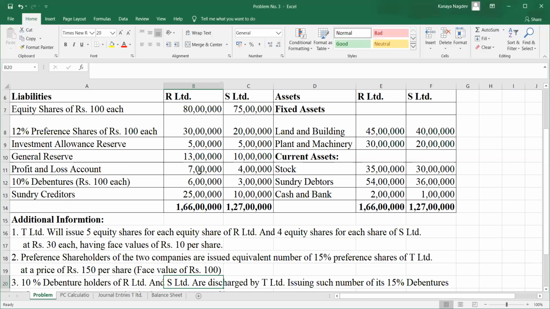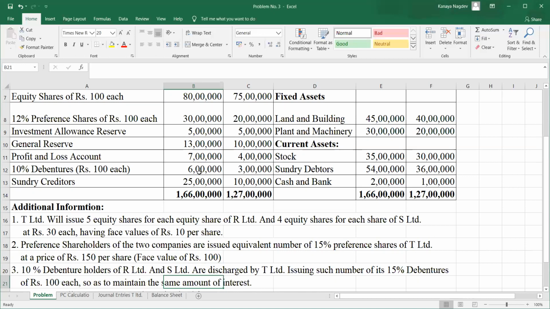We will further refer to the adjustments. The third adjustment says 10% debenture holders of R Limited and S Limited are discharged by T Limited, issuing such number of its 15% debentures of rupees 100 each, so as to maintain the same amount of interest. Here, the debentures are being taken over by T Limited, but 10% debentures will be converted into 15% debentures.